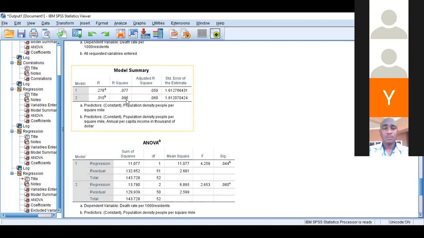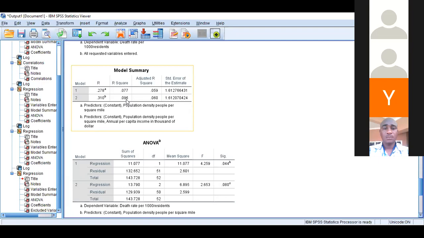Mathematically, 7.7 plus 3% will give you 10.7, right? You cannot have it mathematically like that because there will be some area where they overlap. Some of the effect of per capita income may be due to population density, or some of the effect of population density may be due to per capita income.